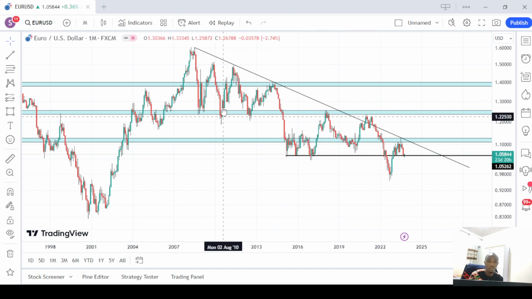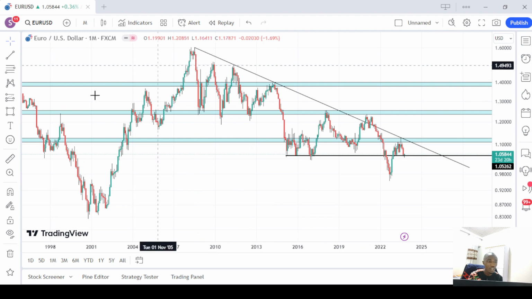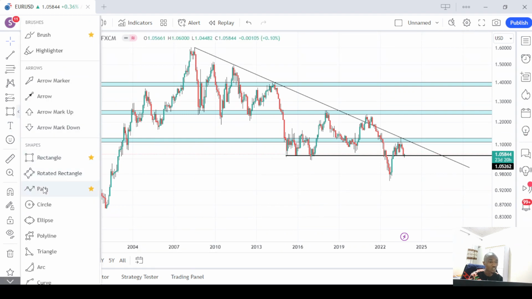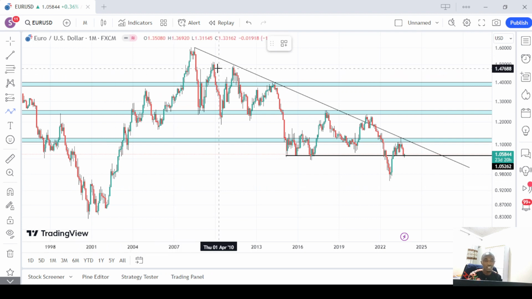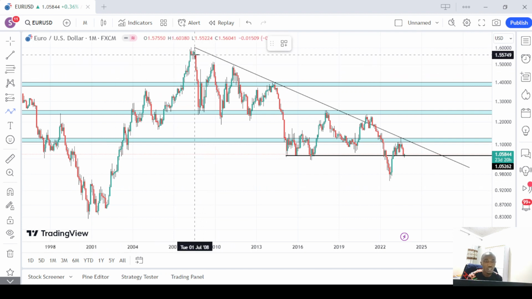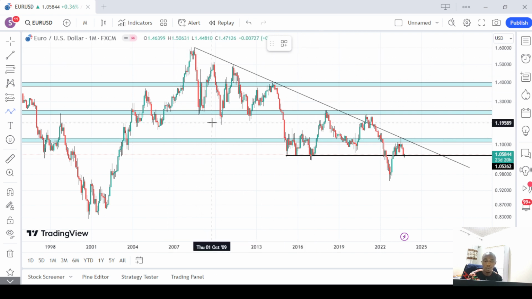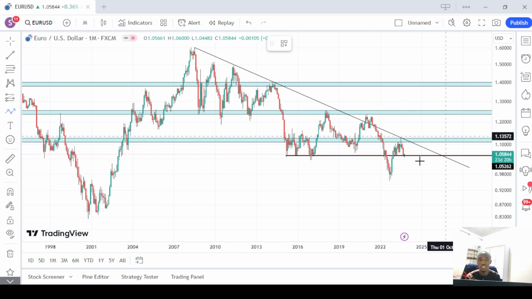So we will be using this chart to explain the market structure, and we'll be digesting the market structure that's here. We'll start from the monthly time frame.